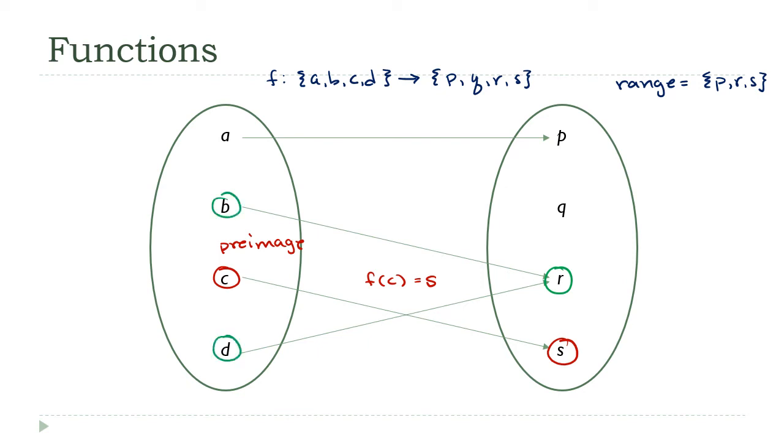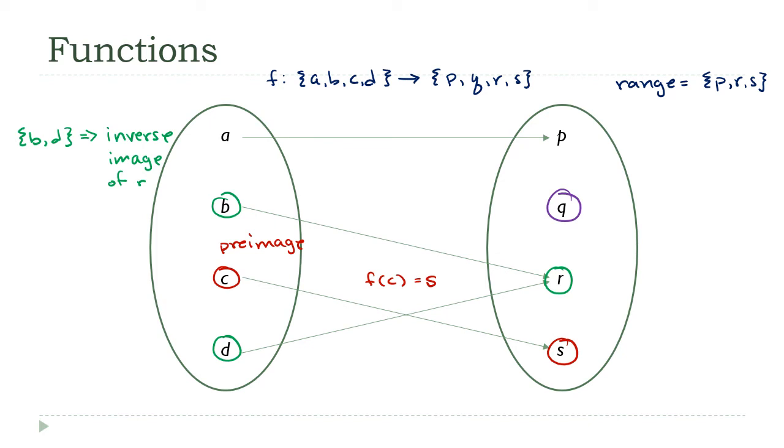All right, now notice that R here has more than one value that's mapped to it, both B and D. And that's fine, right? Elements in the codomain can be paired with more than one value in the domain. Now, if a value from the range is mapped to more than one value in the domain, then we refer to the set of all of those values, B and D here, as the inverse image of R. All right, and finally, one last thing, look at Q in the codomain.